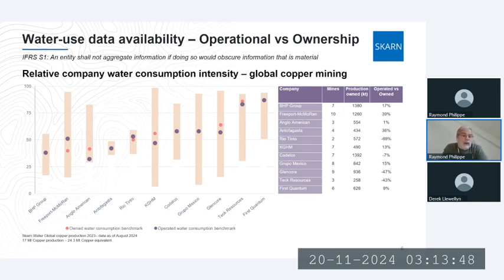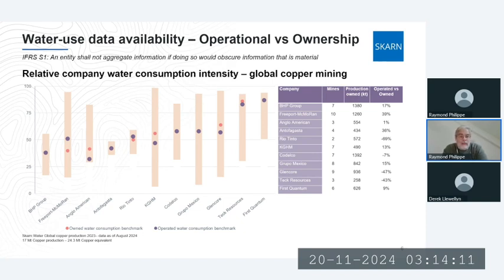As you can see, not all of the mining companies have a single dot as the average water consumption. They all have a bar, and the extension of the vertical bar relates to the difference between the water consumption intensity of the lower or the better operating assets compared to the more water consuming assets.